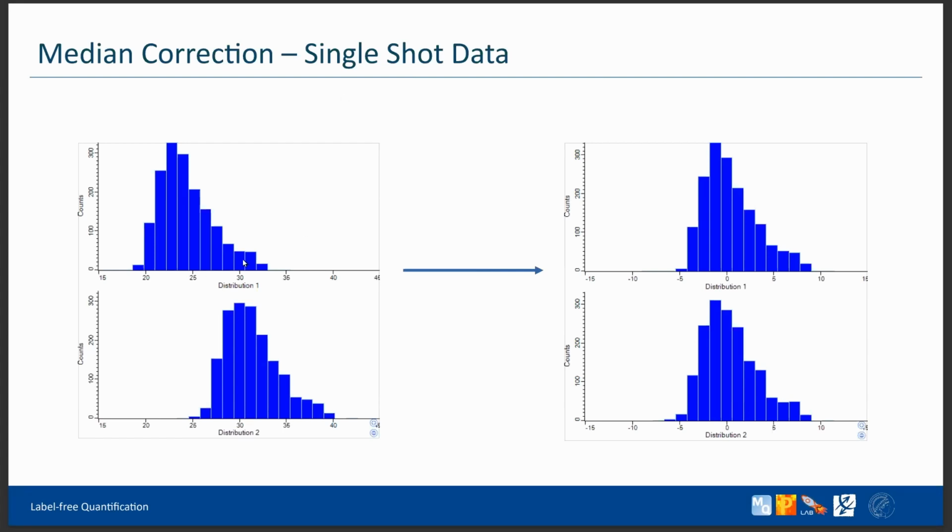As you can see from this very simple example, we have these two distributions that are normal. That's a good thing. But we see the median is not in the same spot, so we cannot compare these two things. So what do we do? We just subtract the median. We do the median correction. And now we see that the peak of the distribution is close to 0 in this case. So now they are comparable. Super easy for single shot data.